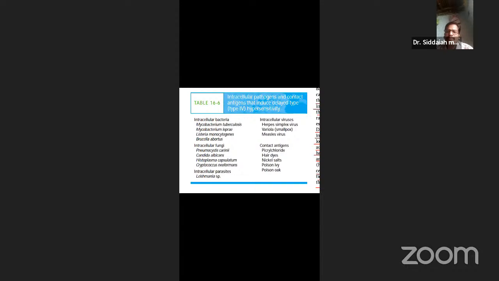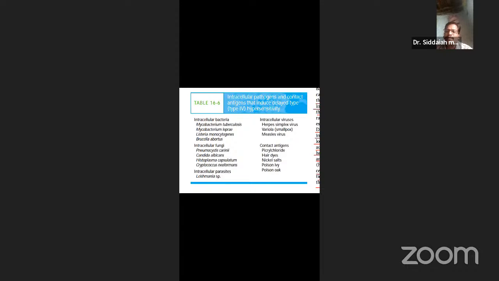And some of the fungi also induce the hypersensitive fourth reaction: Pneumocystis carinii, Candida albicans, Histoplasma capsulatum, Cryptococcus neoformans, and Leishmania species. Leishmania is a protozoan parasite, and Leishmania also induces a hypersensitivity reaction.